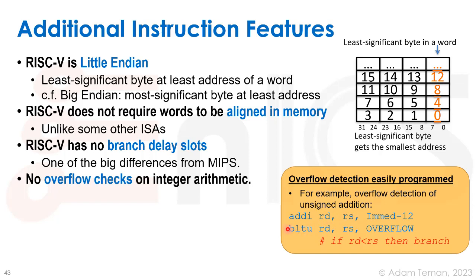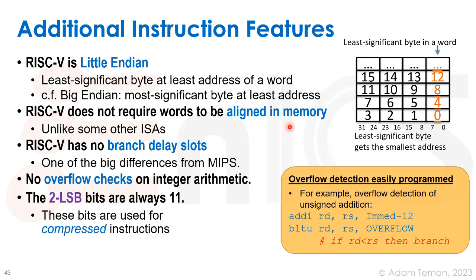So we can just compare the RD and RS. If for some reason the result is smaller than the original RS, then we have an overflow, and then we can go and take care of that overflow. So we don't need an overflow check on integer arithmetic.